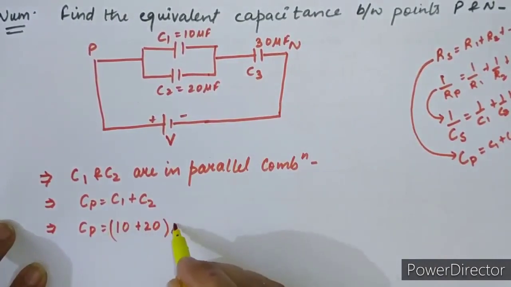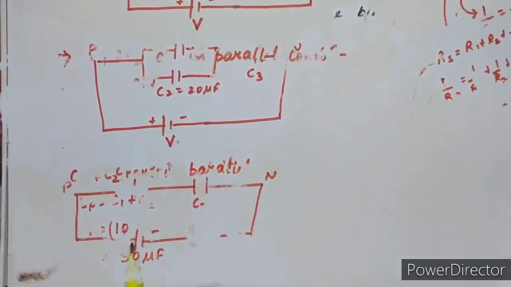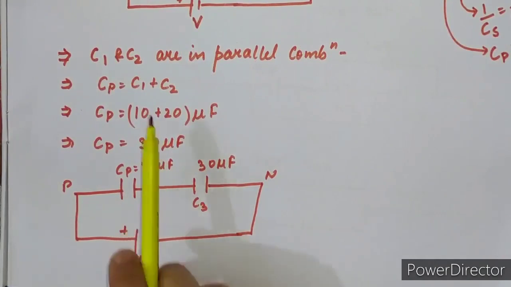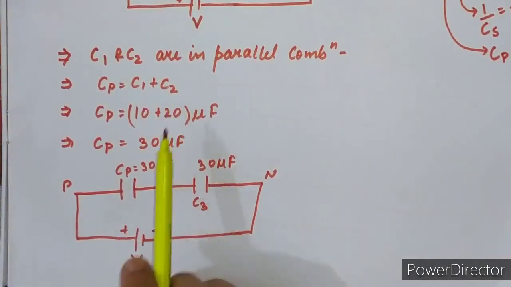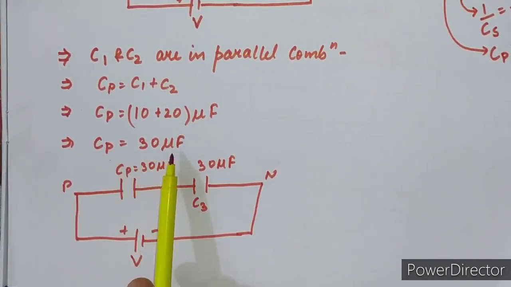Both have the same unit, microfarad. So here Cp is equal to 30 microfarad. We have resolved this circuit, two capacitances connected in parallel, and found the value Cp equal to 30 microfarad.